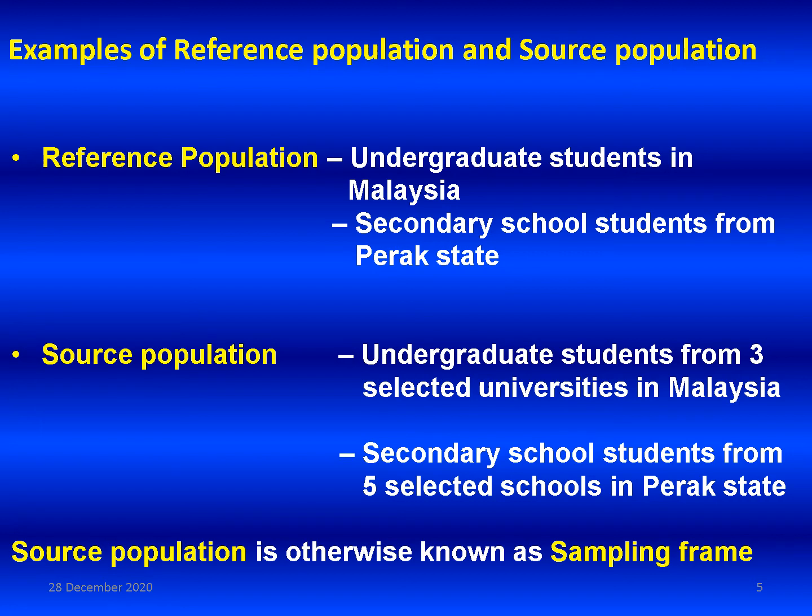All the secondary school students from Perak State form the reference population. But the source population is secondary school students from 5 selected schools in Perak State. Source population is otherwise known as sampling frame. From the source population or sampling frame only, we are selecting the samples.